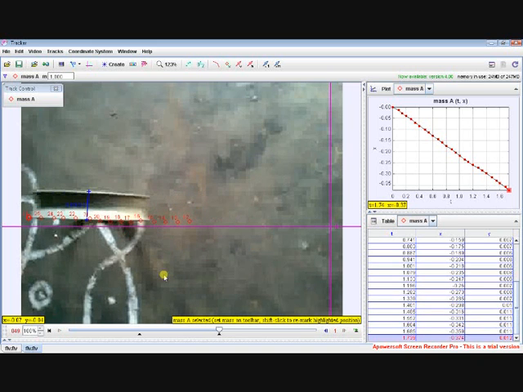Knowing the width of the ring, the blue line shows the calibration. It was quite easy by measuring the width of the ring. The calibration was done.